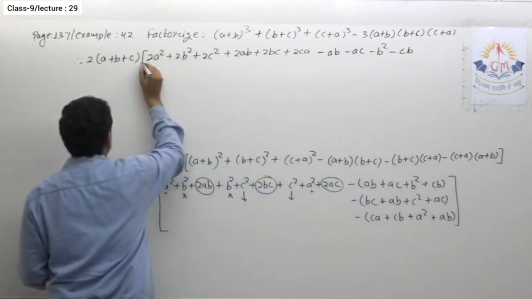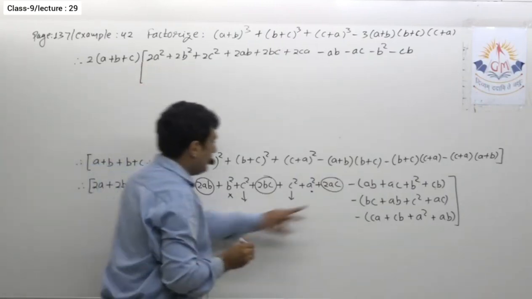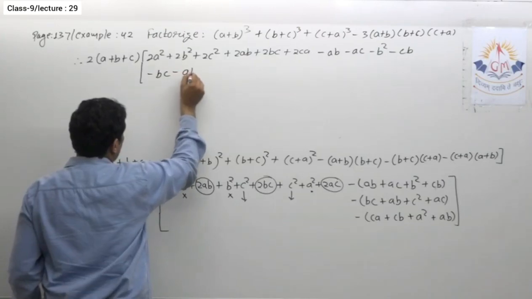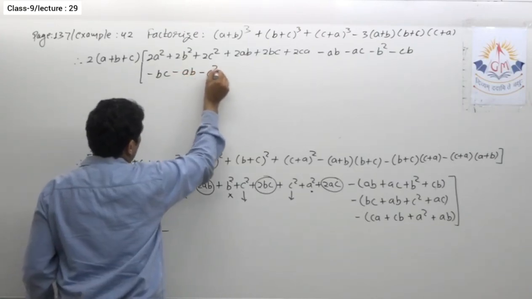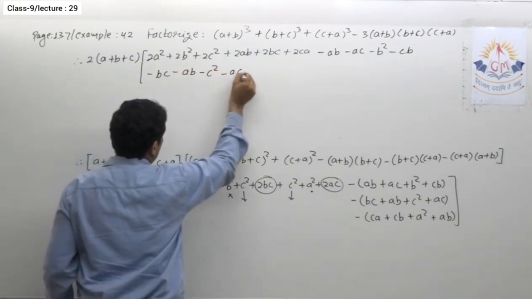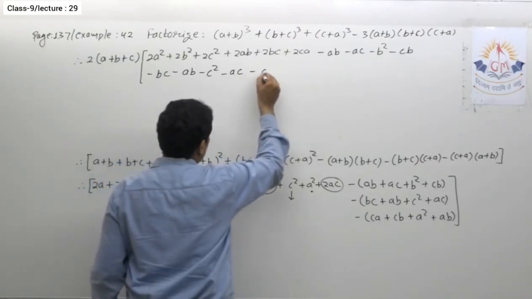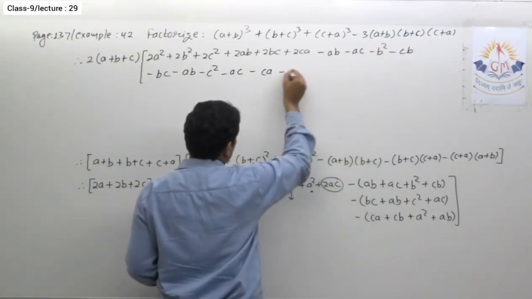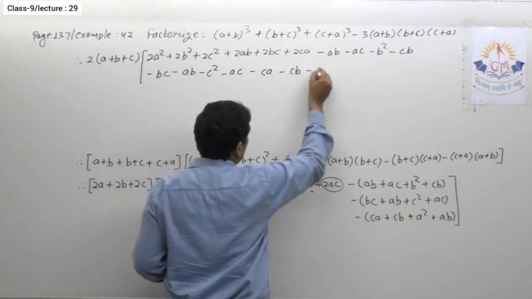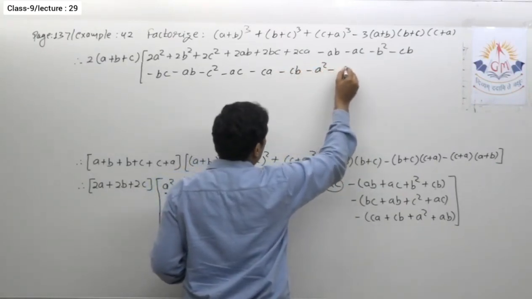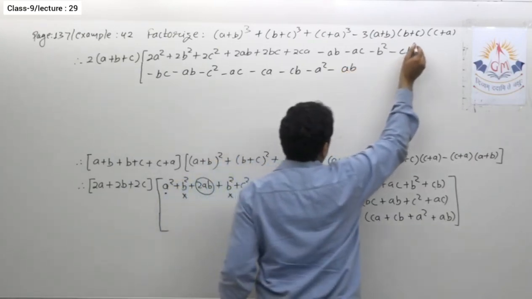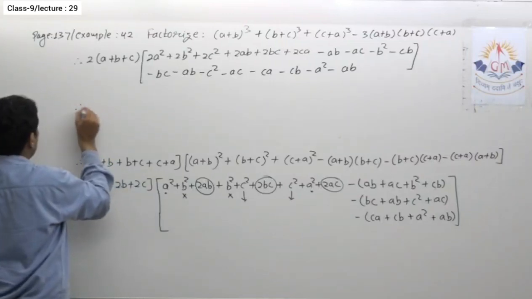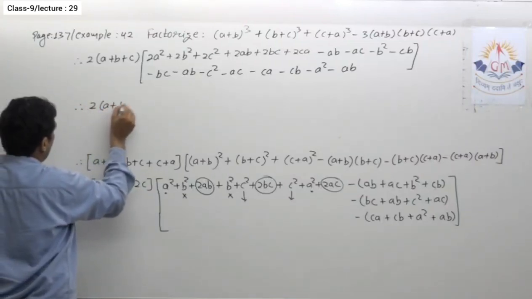Okay, then over here minus bc minus ab minus c square minus ac, then minus ac, then minus cb, then minus a square minus ab. Okay, now next, definitely here I do write 2(a+b+c) as it is.